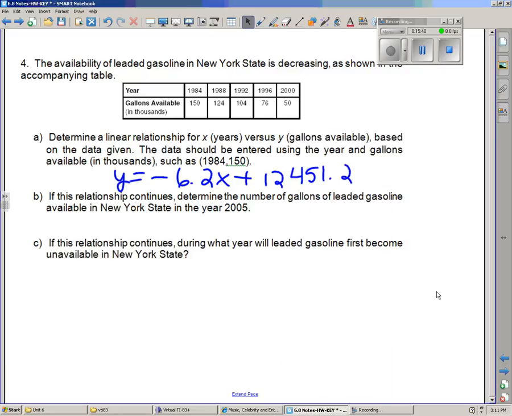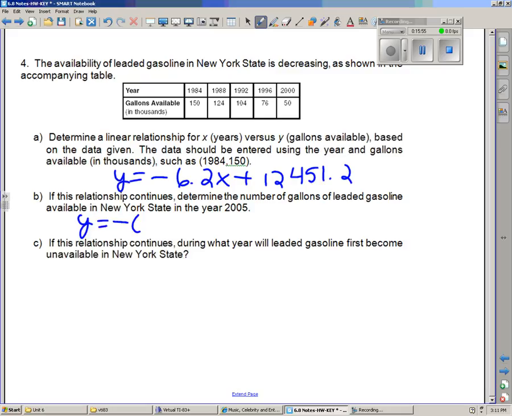And I do. Okay. So then if this relationship continues, determine the number of gallons of leaded gasoline available in New York State in the year 2005. So then what we would do is basically type in what we have up here.